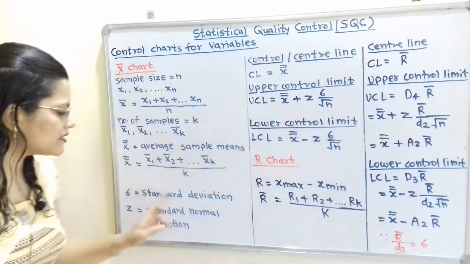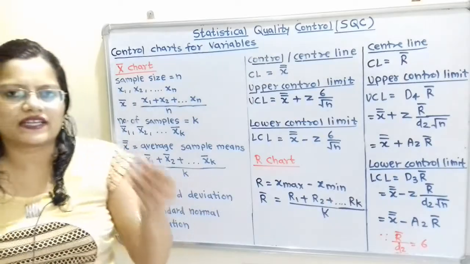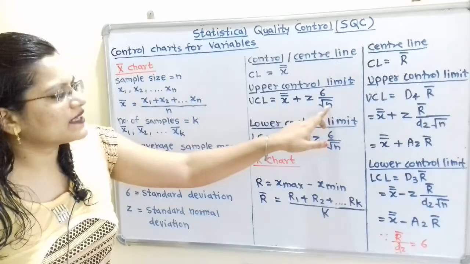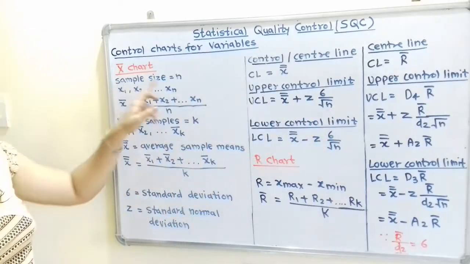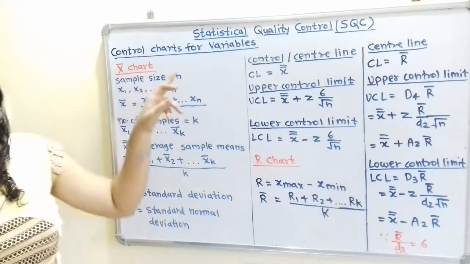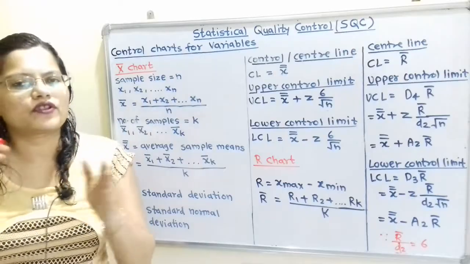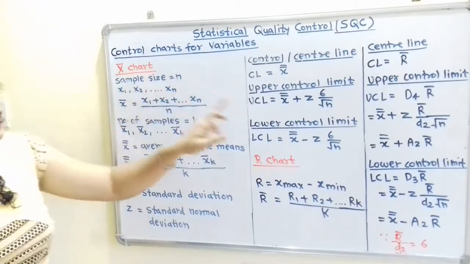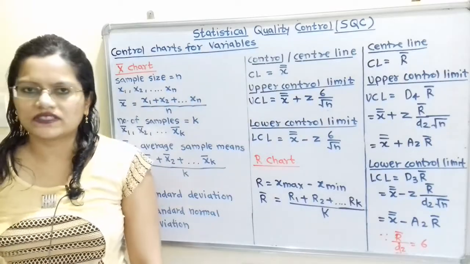This sigma is also mentioned in the question, that is the standard deviation, and n is the sample size. In each sample there is a number of readings or units, and that is the value of n that we have to consider here.